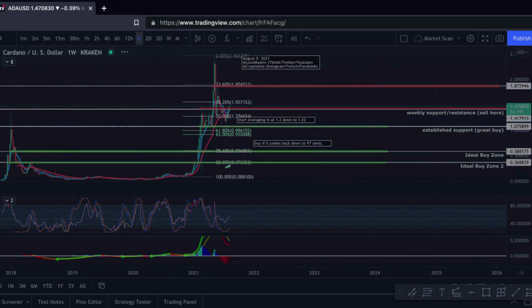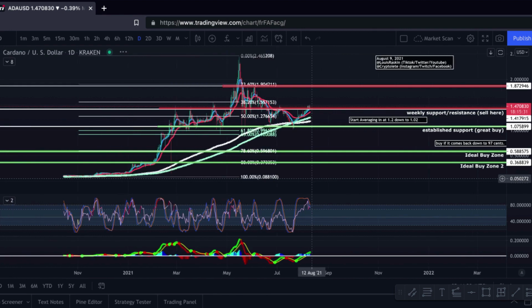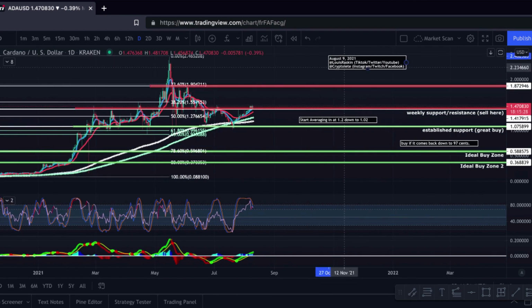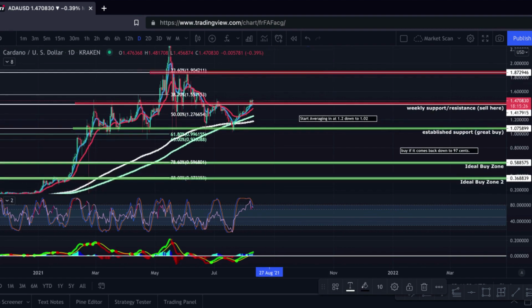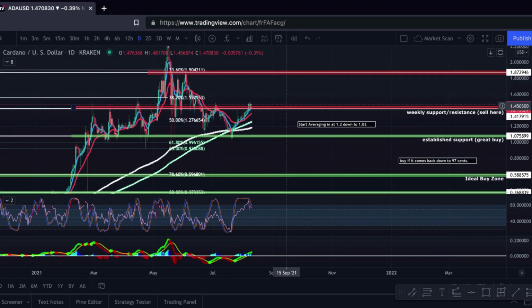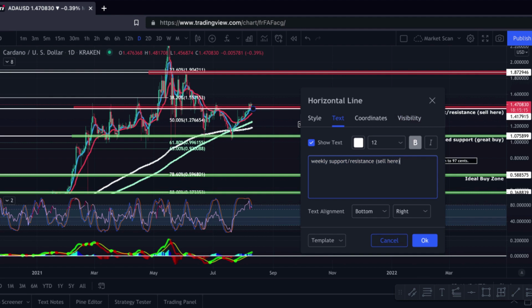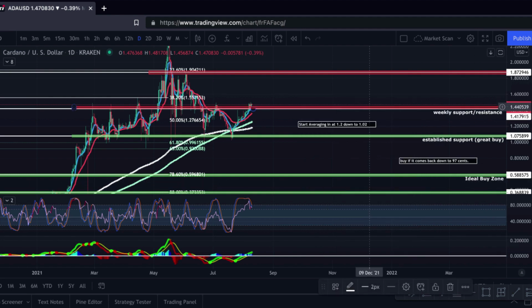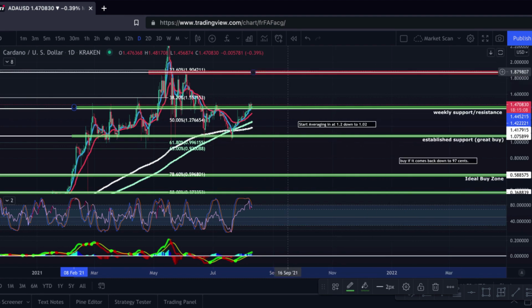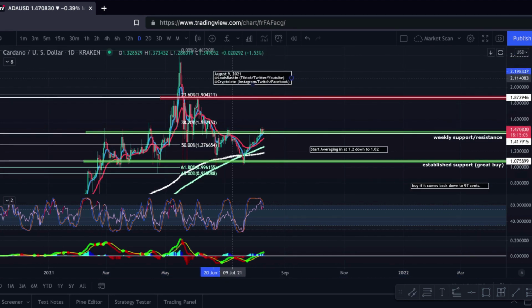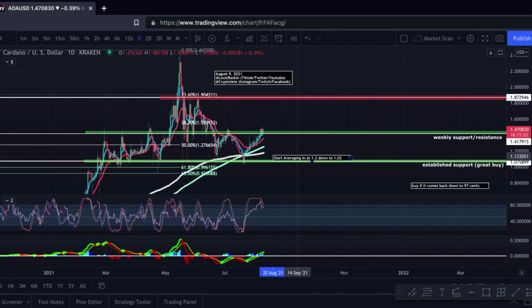Less momentum. Technically it closed above. Look at just strict support resistance. Using strict support resistance, what do we have here?